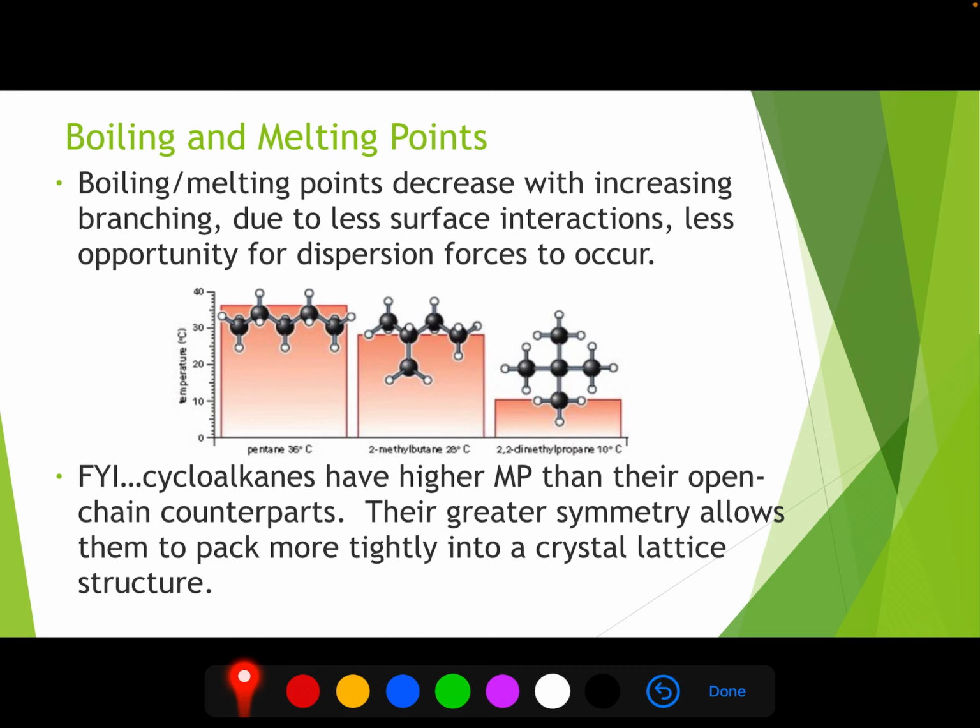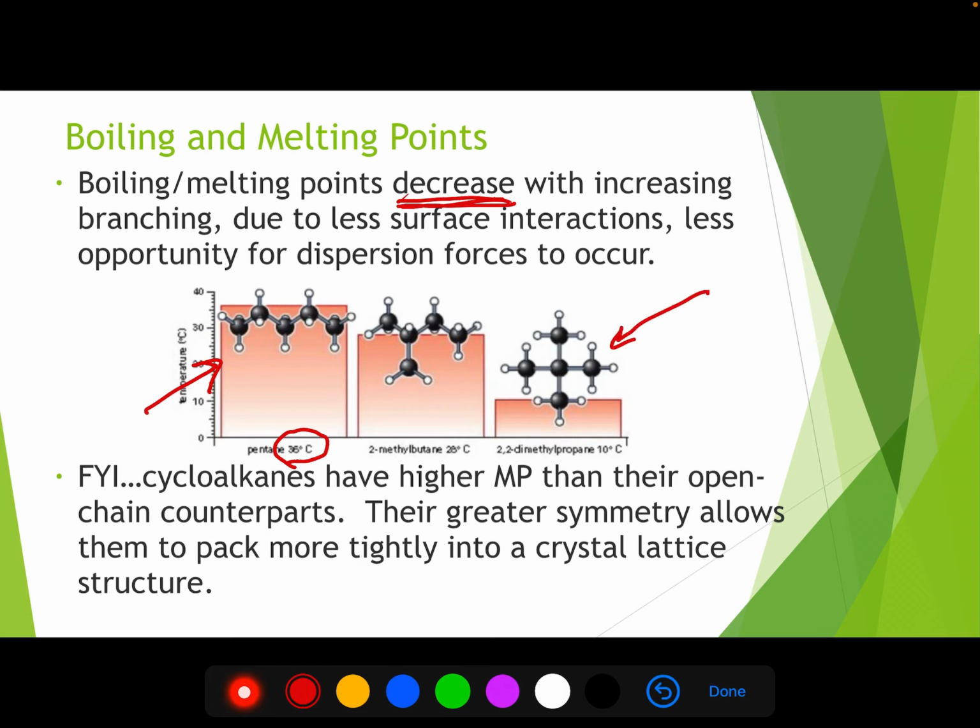Another thing that you can look at to find out boiling and melting points is branching. So boiling and melting points decrease. You will have a lower boiling and melting point when you increase the branching. And this is again because of dispersion forces. This one right here is more spread out and therefore will have higher dispersion forces and will have a higher boiling point.